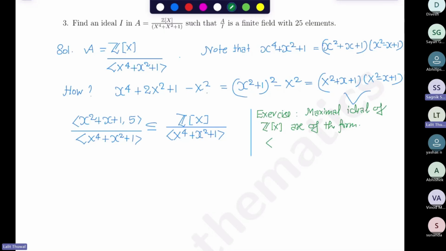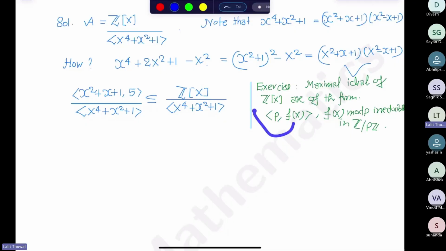Some prime p, the maximal ideals of Z[x] are of the form the ideal generated by f(x), p, such that f(x) is irreducible in Z_p[x]. Right, very good. The ideal generated by f(x), p, irreducible.